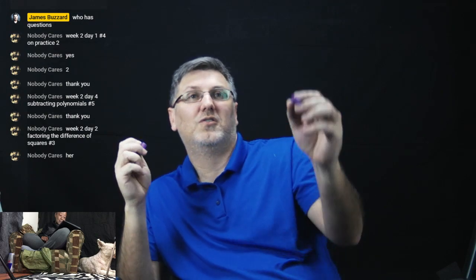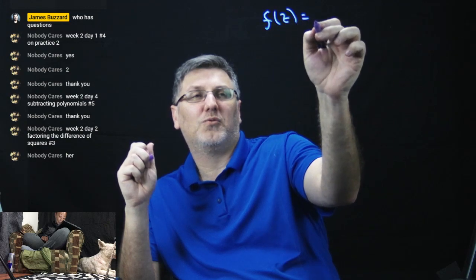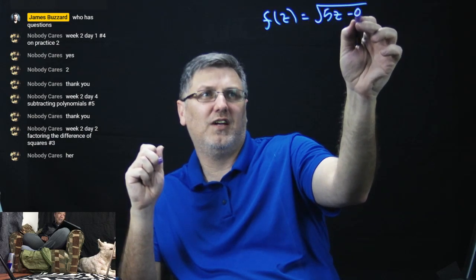I'm not doing a trig function one. The square root of 5z minus 8? Sure. So f of z equals the square root of 5z minus 8.